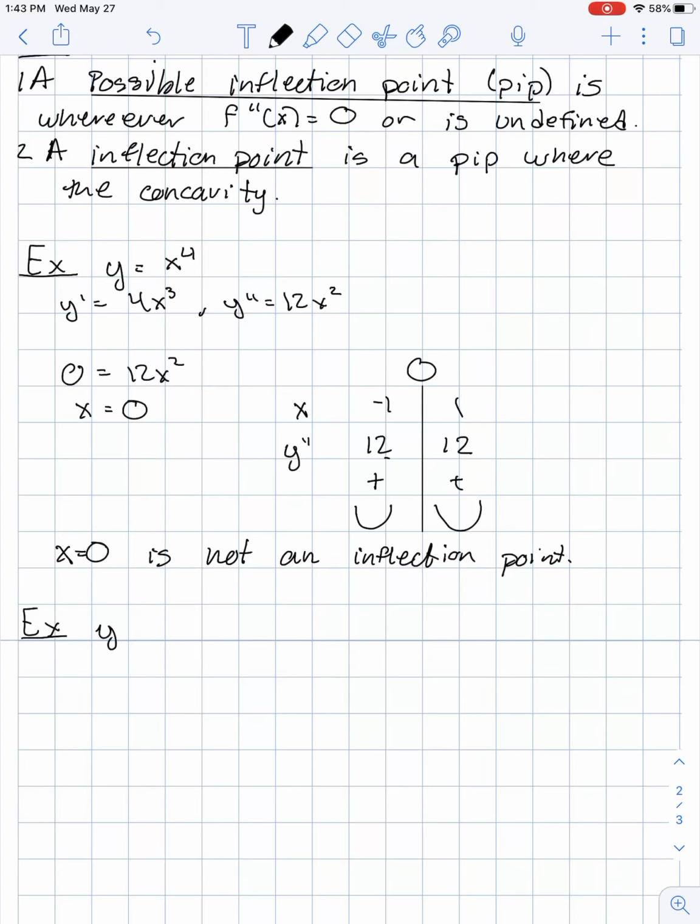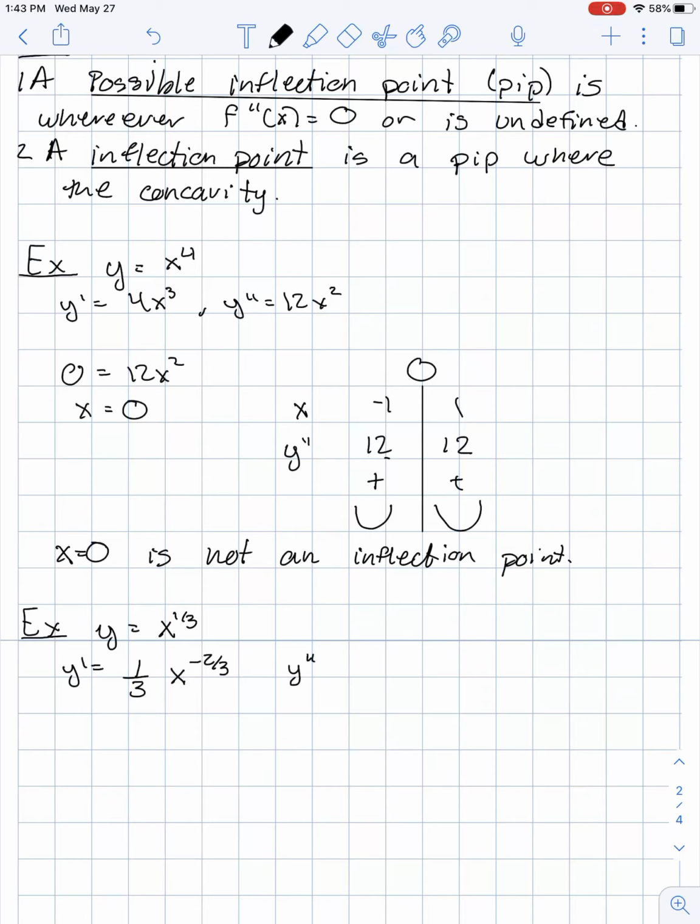So we're given y equals x to the 1/3. So y prime will equal 1/3 x to the negative 2/3, since the 1/3 pops down.